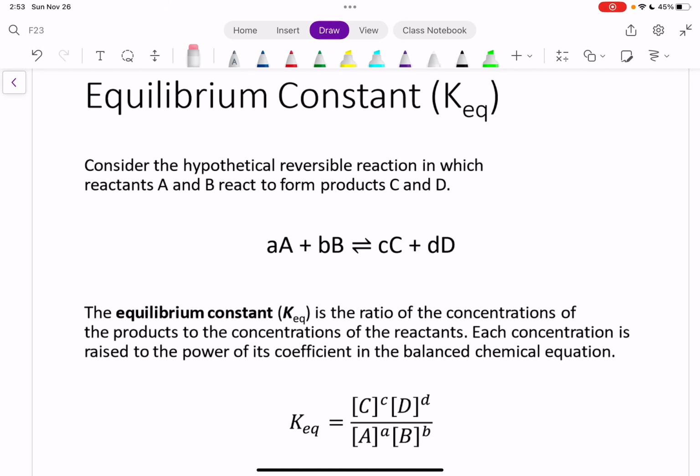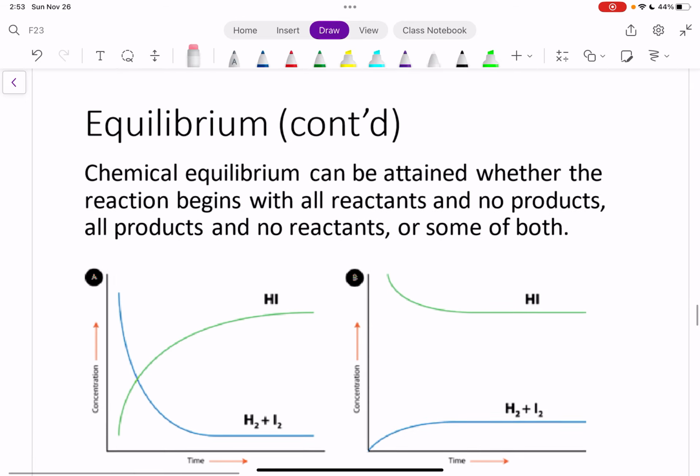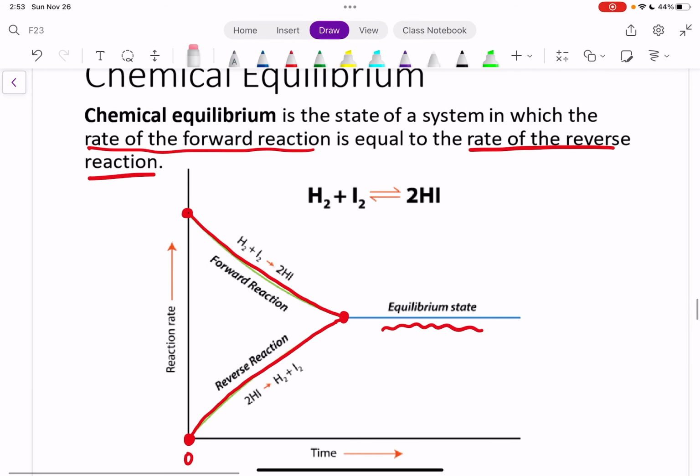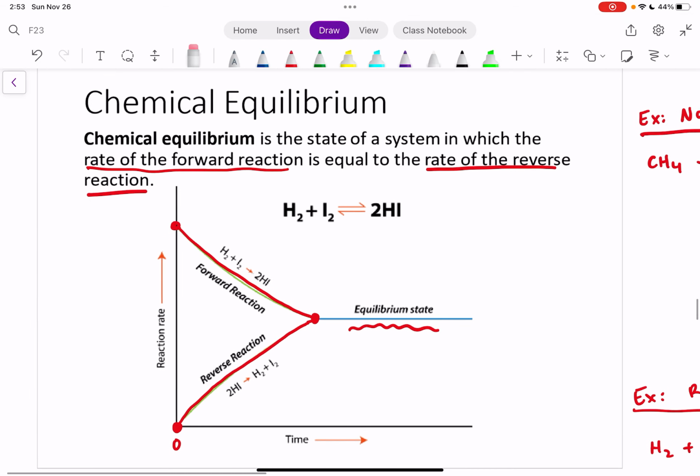All right, well, this is all fine and good, but chemists really wanted some kind of quantifiable number that could tell them, hey, how much of my product do I have at equilibrium? Or how much of my reactant do I have at equilibrium? Because remember, equilibrium doesn't say that the amount of our products and reactants is equal.